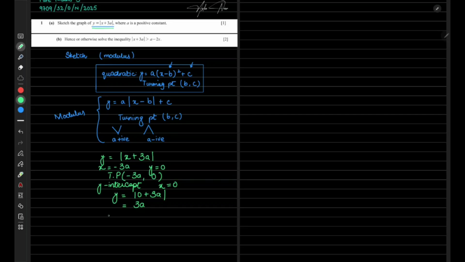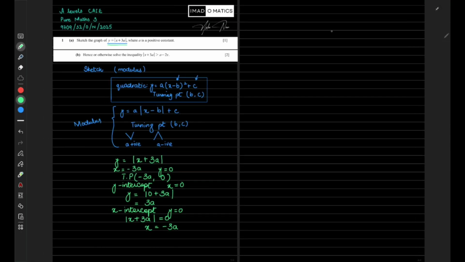Sometimes the x-intercept is needed, sometimes it's not. For it, you put y equals 0, so that gives you x plus 3a equals 0, and x equals minus 3a.